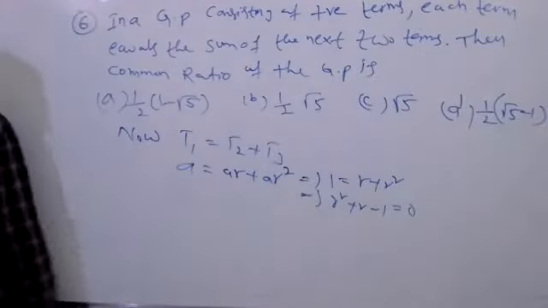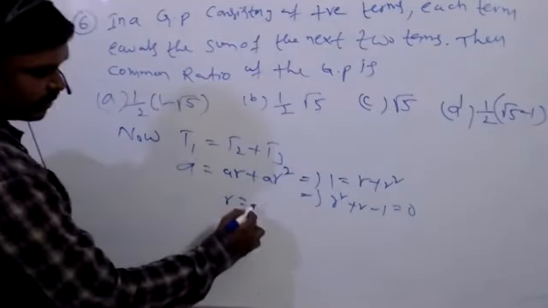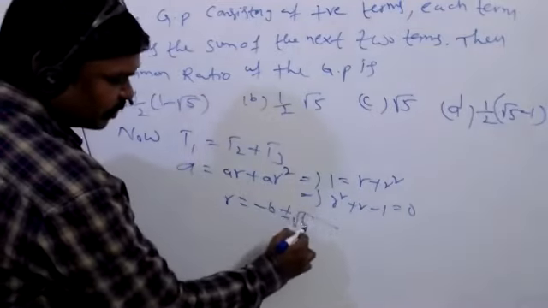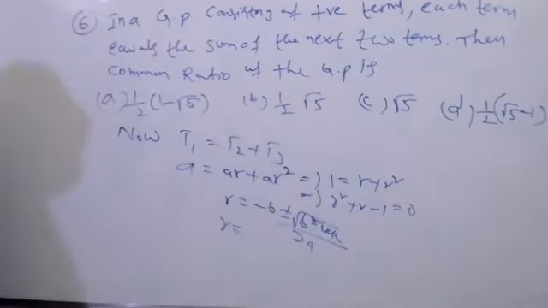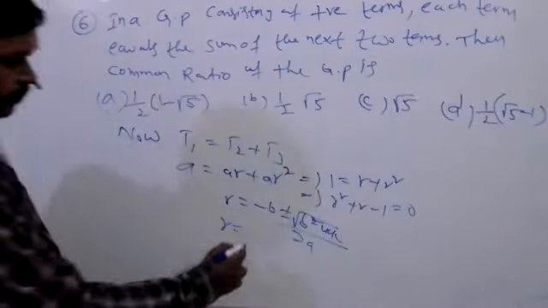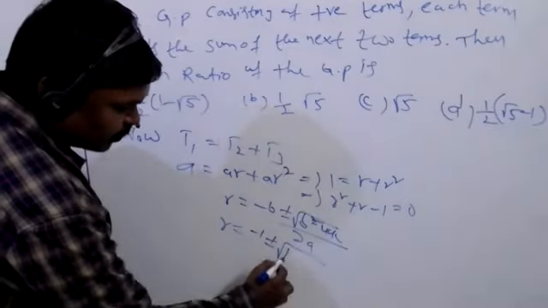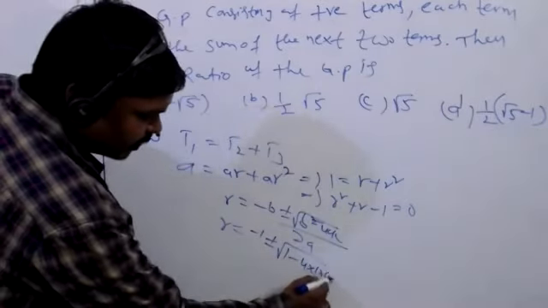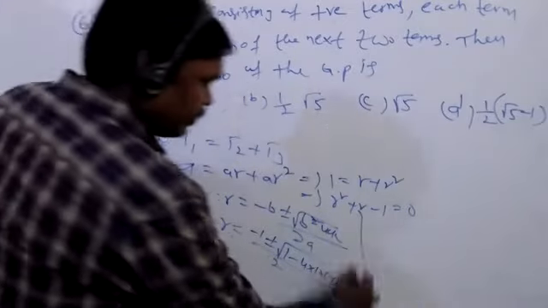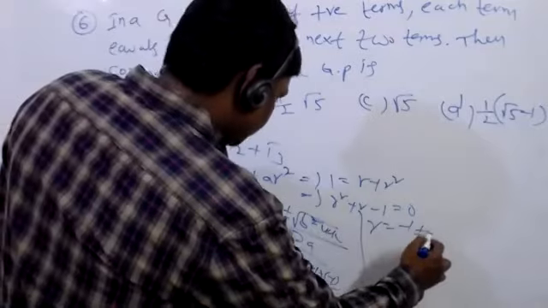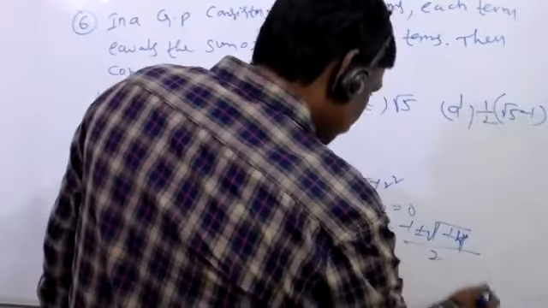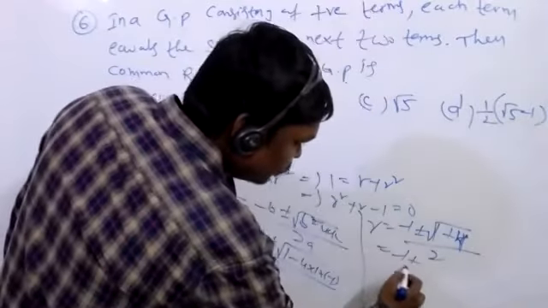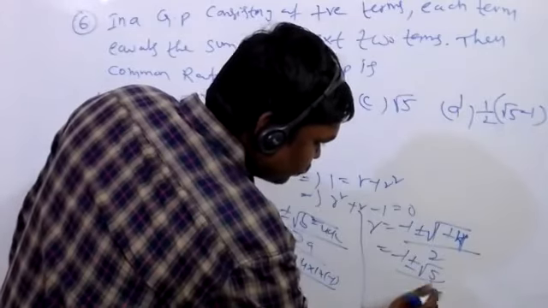Then apply the quadratic formula. r is equal to minus b plus or minus under root b square minus 4ac upon 2a. Now r is equal to minus 1 plus or minus under root 1 minus 4 into 1 into minus 1 upon 2, which is minus 1 plus or minus under root 5 upon 2.